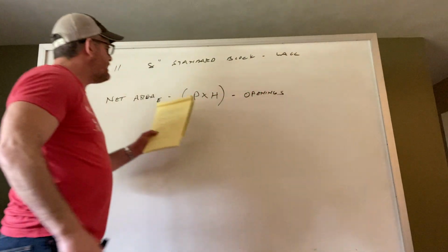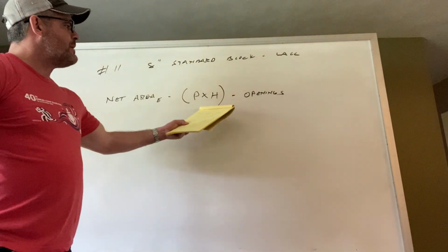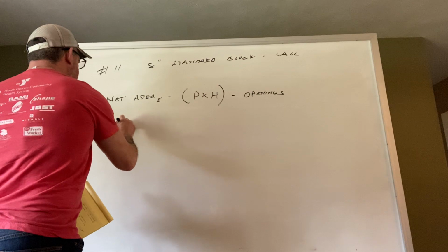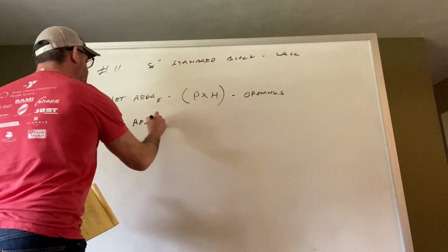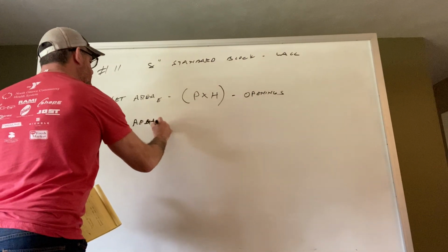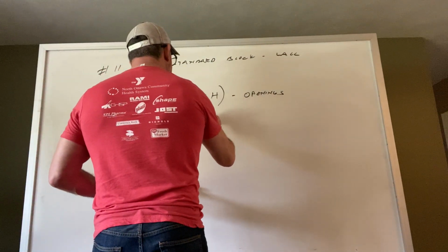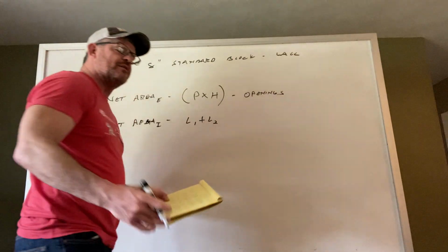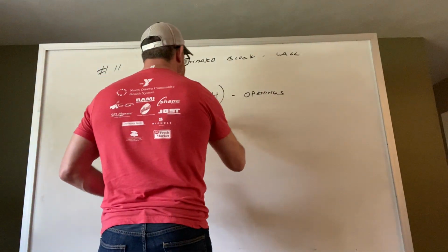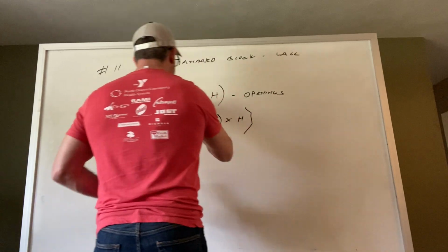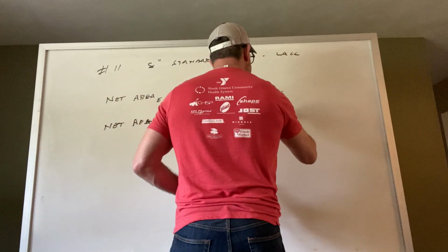So my formula for net area exterior is perimeter times height minus my openings. My net area for my interior is going to be my length 1 plus my length 2. We've already solved for that, but that's what it's going to be, times my height, and then again, minus my openings.